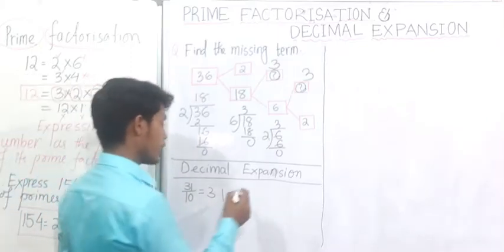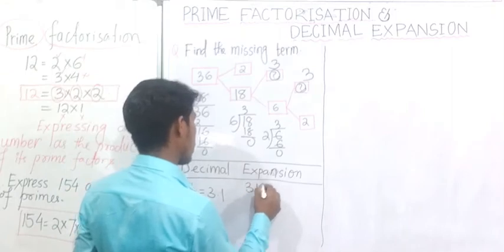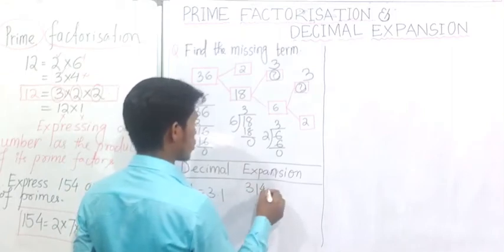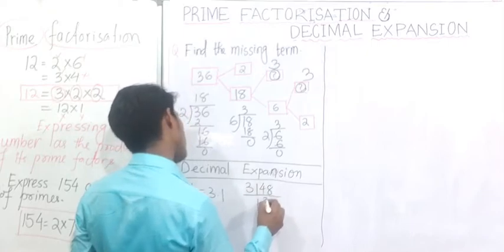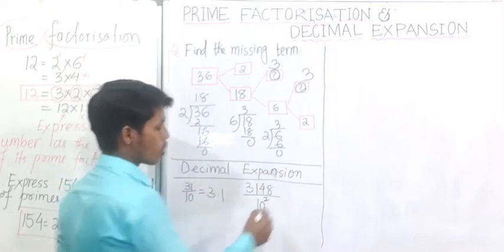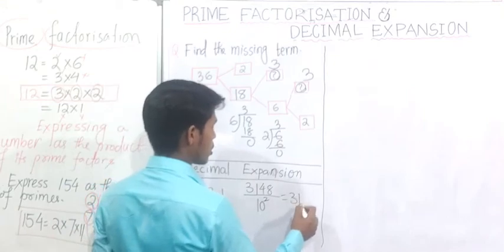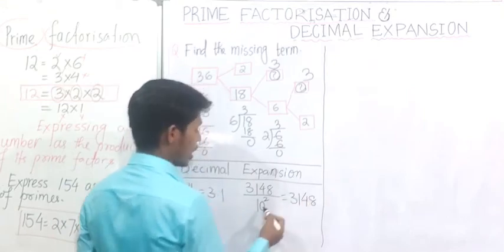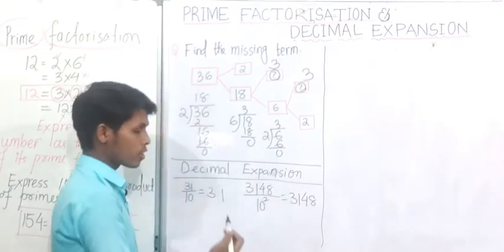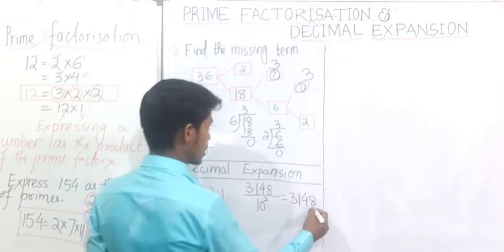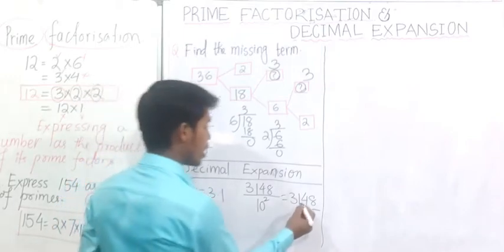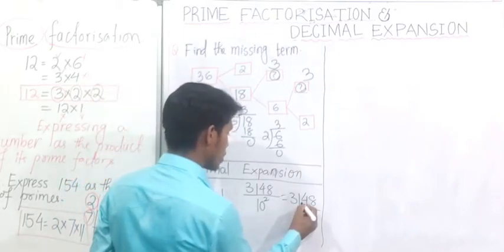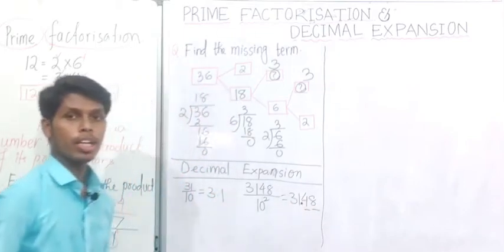Here if you were given 3148 divided by 10 to the second power or 10 squared, we just write 3148, then since it is 10 squared, we will leave two places, 8 and 4, then we will place the decimal point here, so it becomes 31.48.